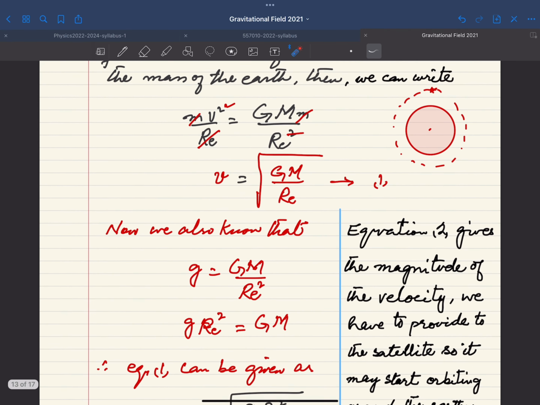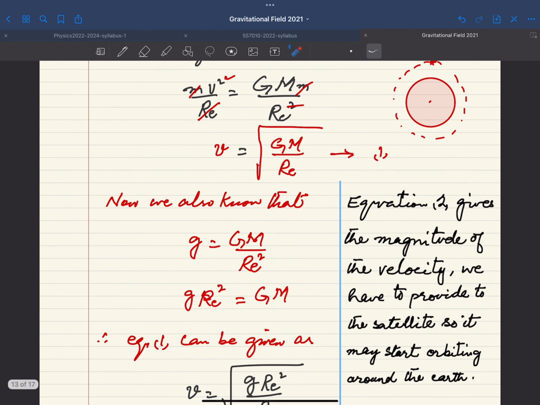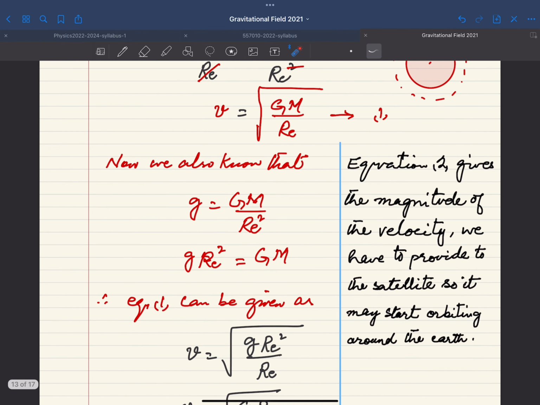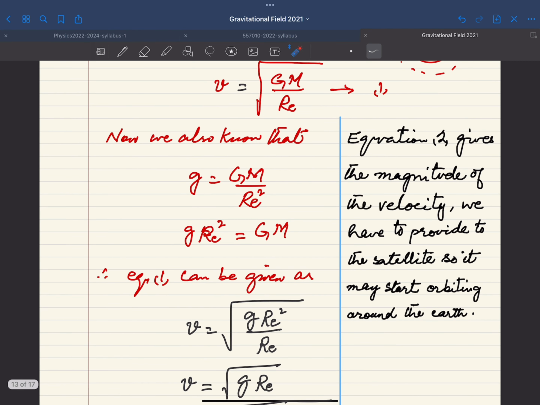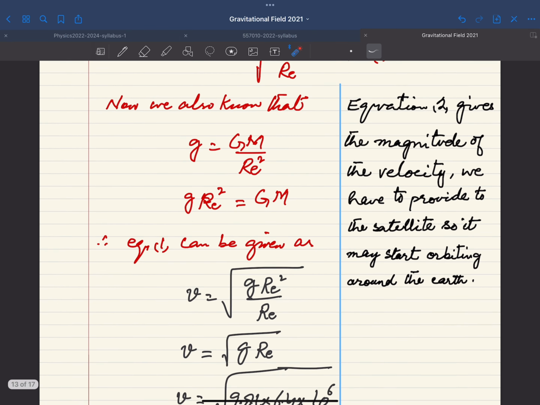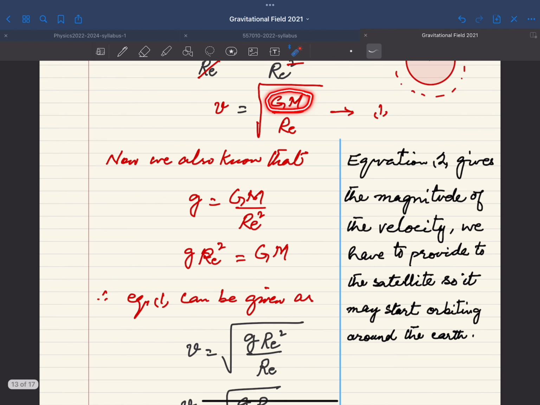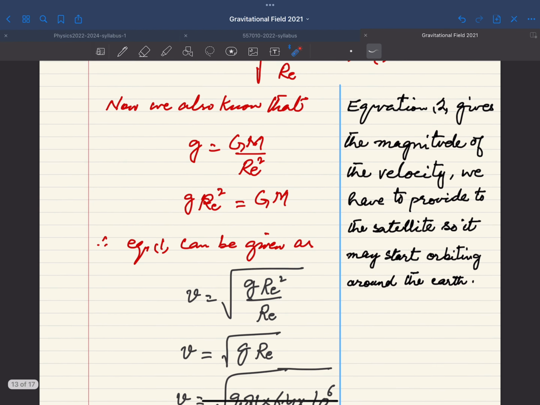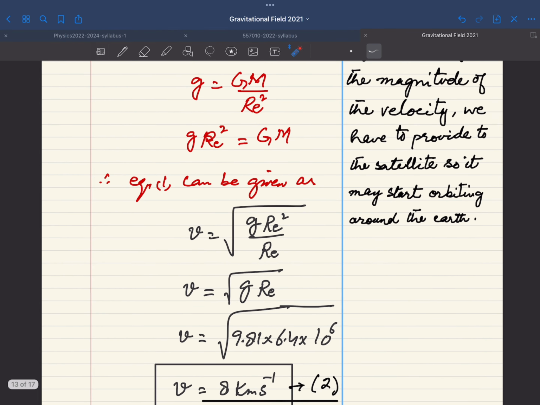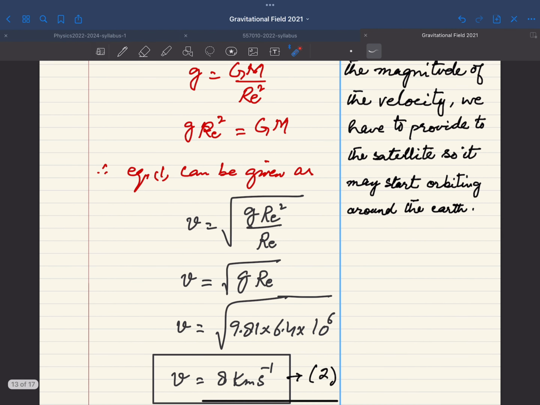We could use these values directly because they are constants, but we can simplify further. As we discussed in the last lecture, g is equal to capital G M over RE squared, so GM is nothing but g RE squared. Replacing GM by g RE squared, we get v equal to the square root of g RE.